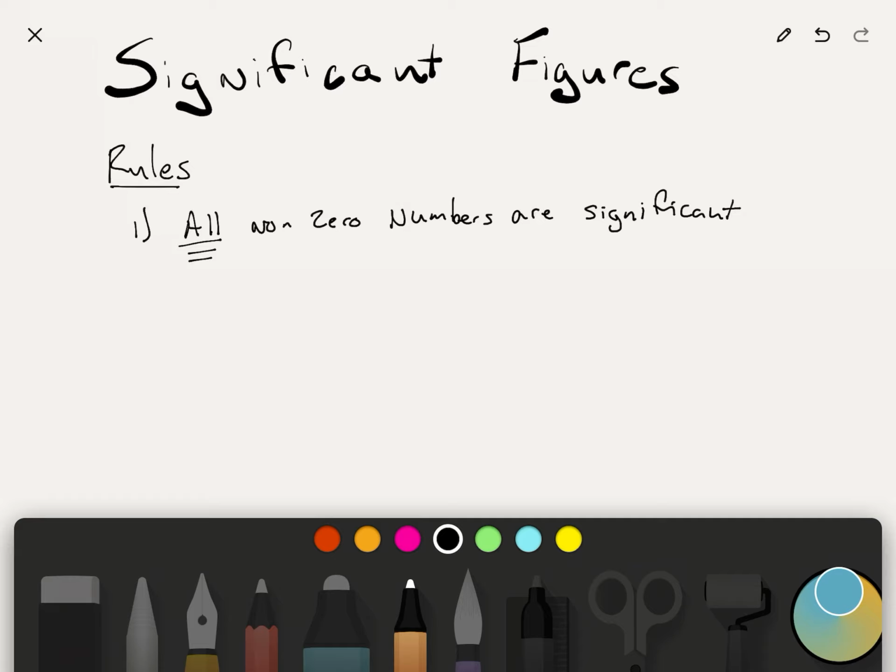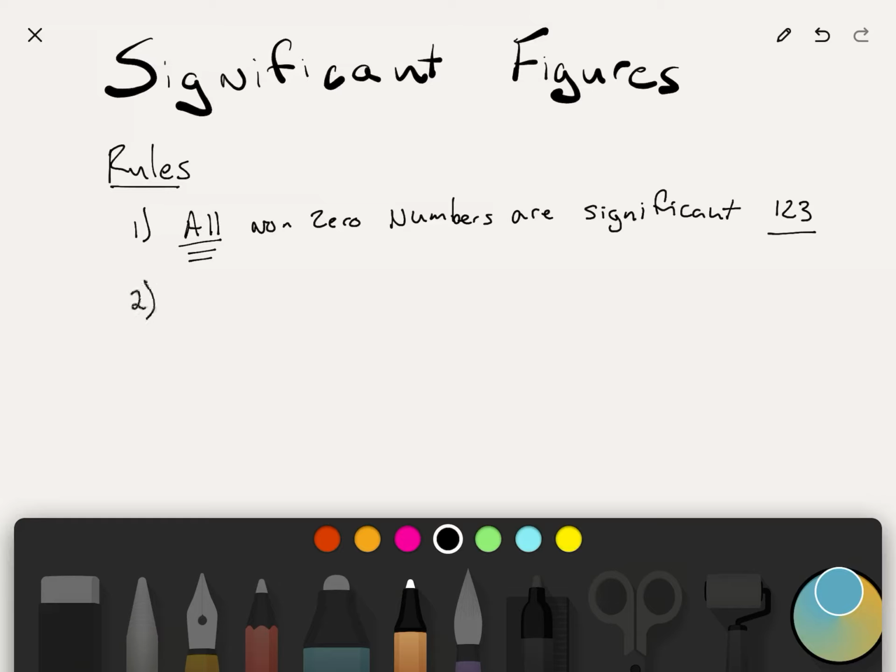So, in that case, any number that is between 1 and 9 is significant. So 123 has 3 significant figures. They are all non-zeros.